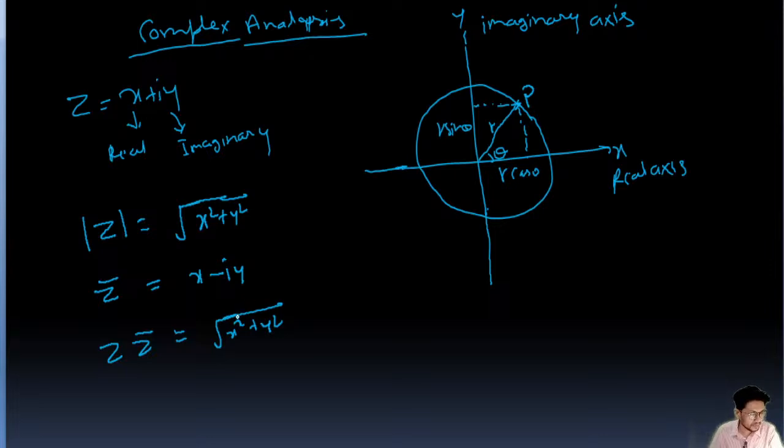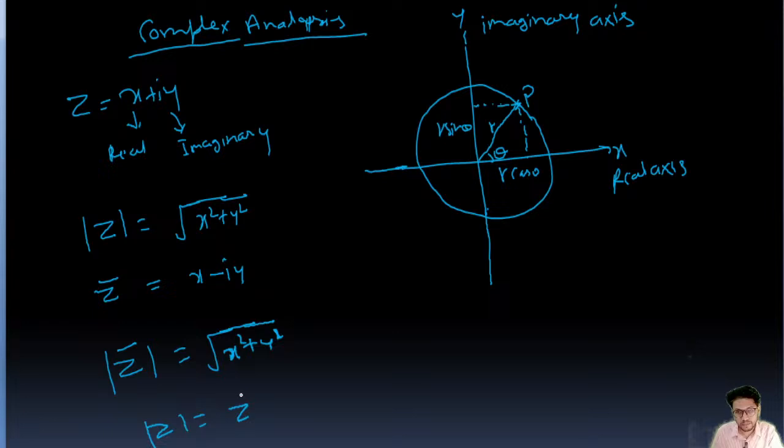Mod z bar is also root x square plus y square. So mod z equal to mod z bar.